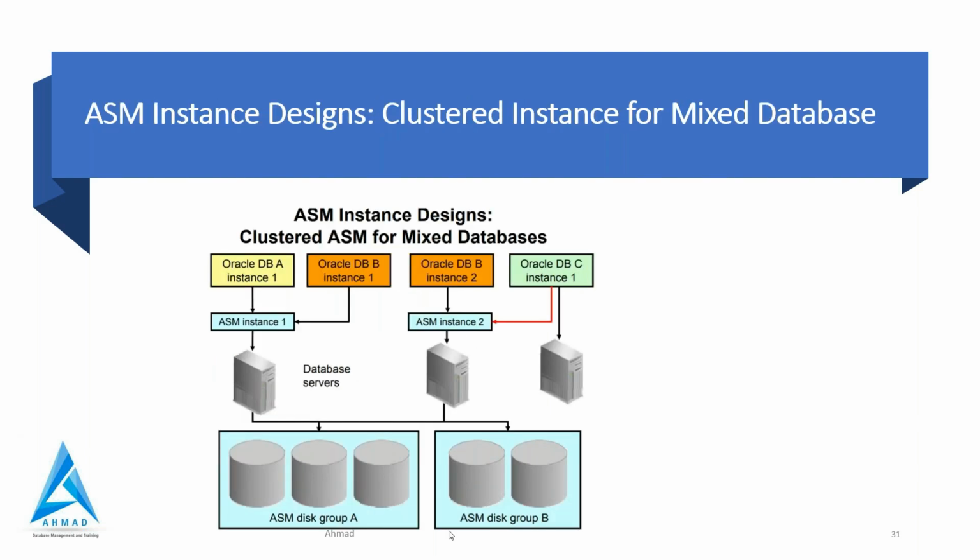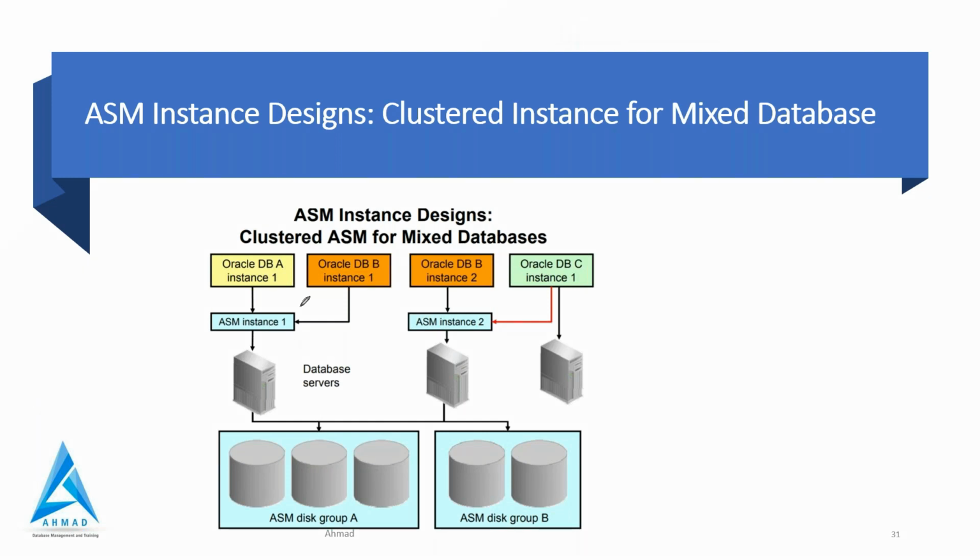If you see the third diagram, see what is the difference in that. You have cluster ASM. Cluster ASM means one ASM instance is supporting two databases, and another ASM instance is supporting another two databases, right? You can store two databases on one server, one database instance two on one server, and one database instance one on one server.